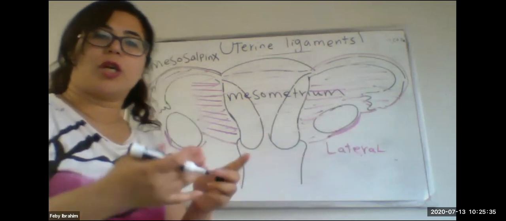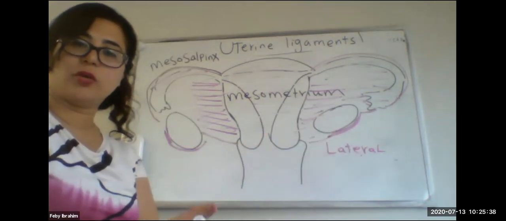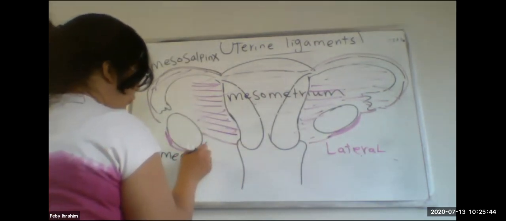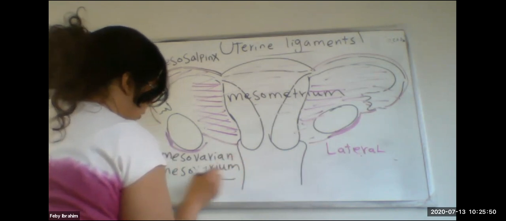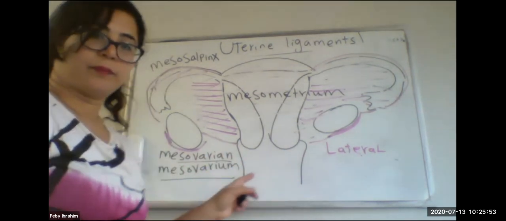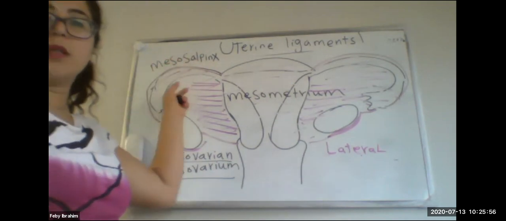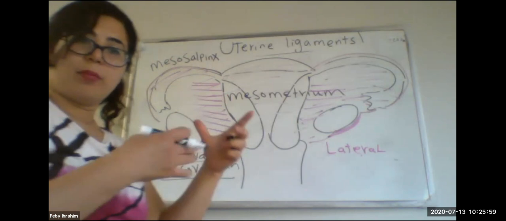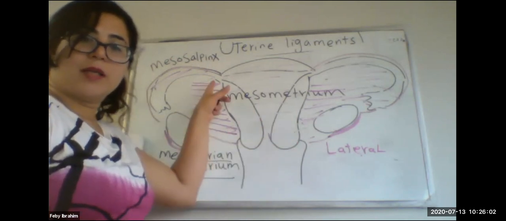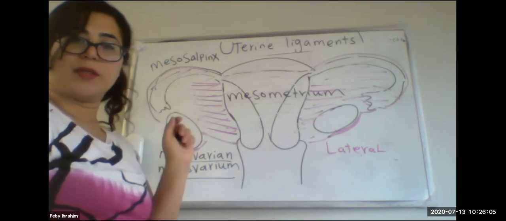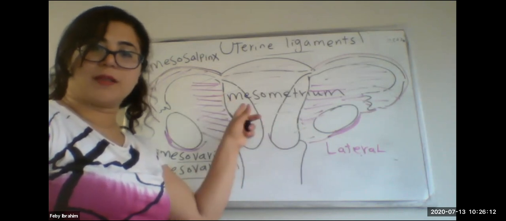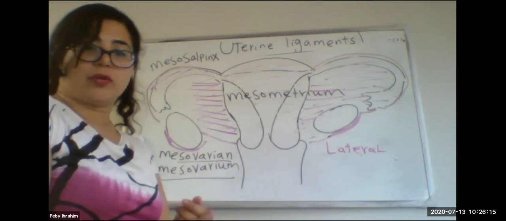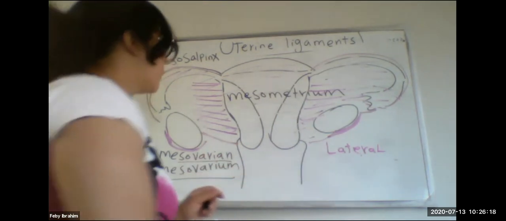And the portion of the broad ligament that attaches to the ovaries posteriorly is called meso-ovarian or meso-ovarium. Let me write it down for you.